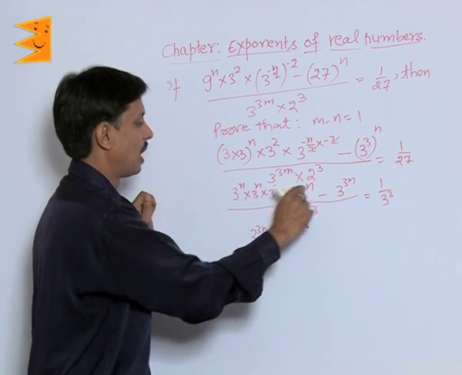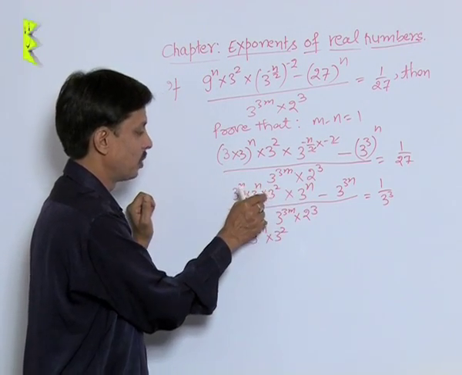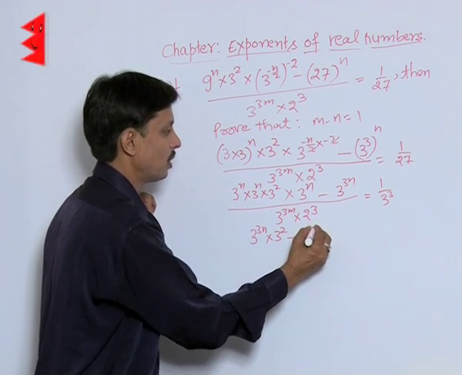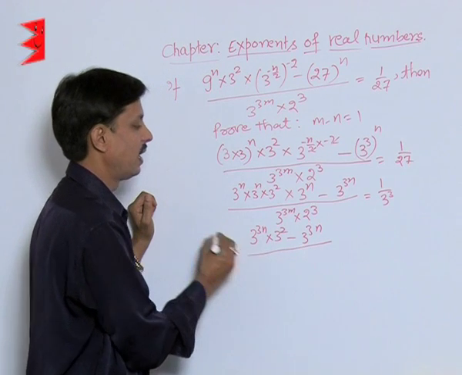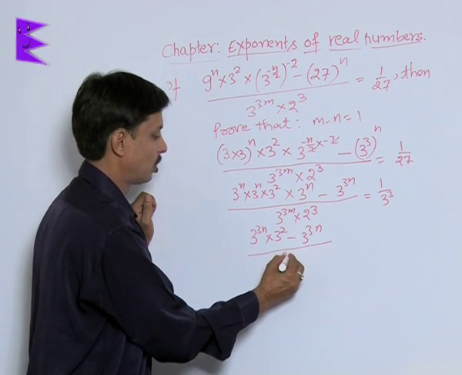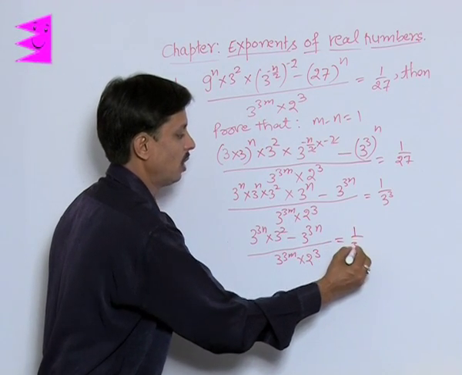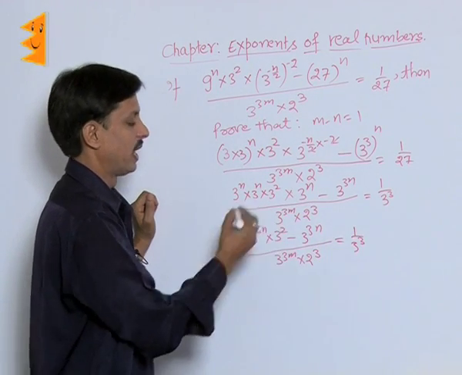Base is same, powers are added and I left 3 square as it is. Minus 3 is to power 3n divided by 3 is to power 3m into 2 cube is equal to 1 upon 3 cube. What can I say now?